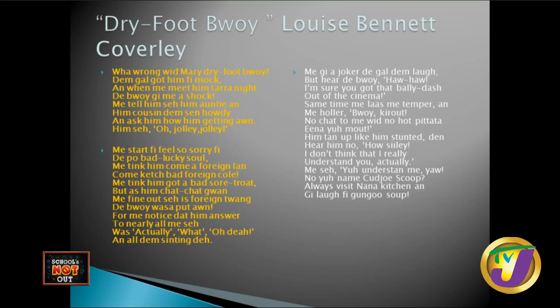Again, the question is, what is the attitude towards the language? So what is happening in the poem really? We're realizing, like the first poem, that somebody has traveled overseas.